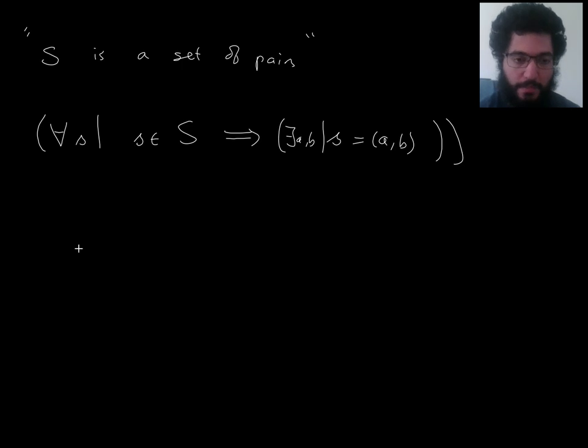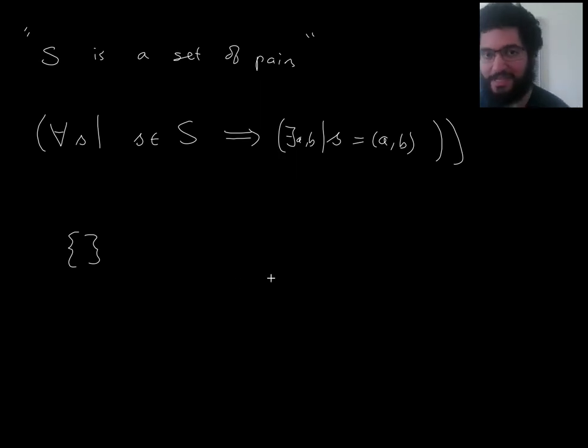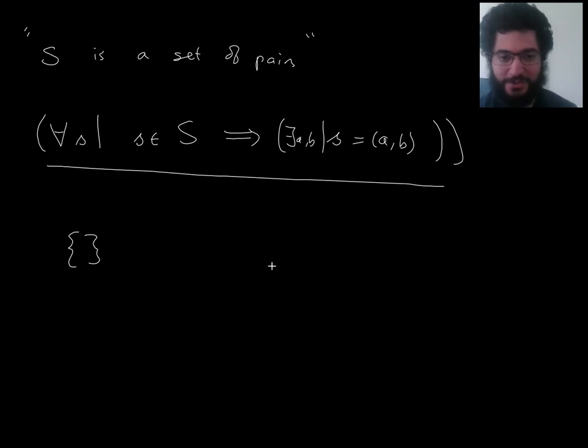So what do you think about the empty set? Is that a set of pairs? Pause the video and come up with a guess. Okay, so my answer is yes. It's definitely a set of pairs, because this ends up being vacuously true, right?